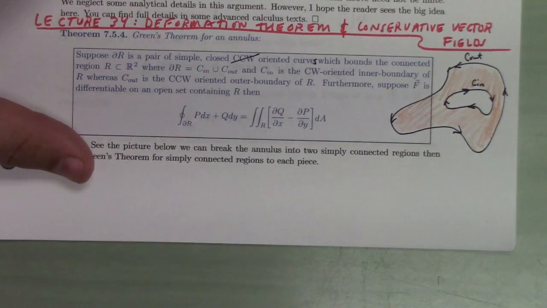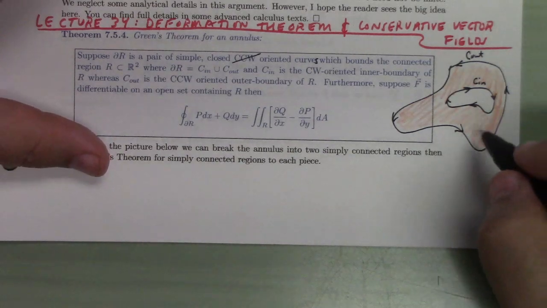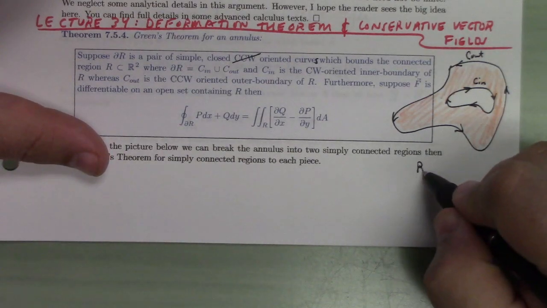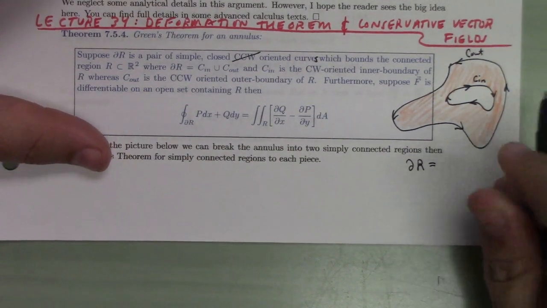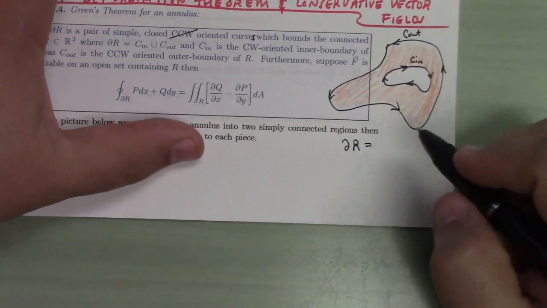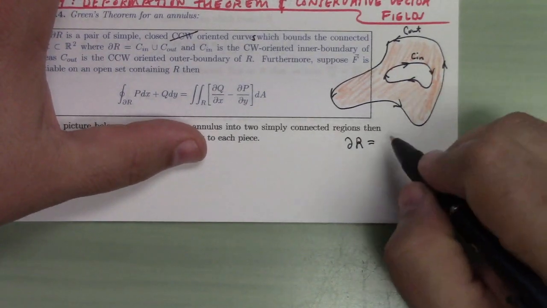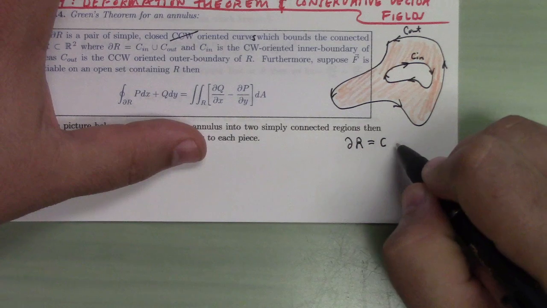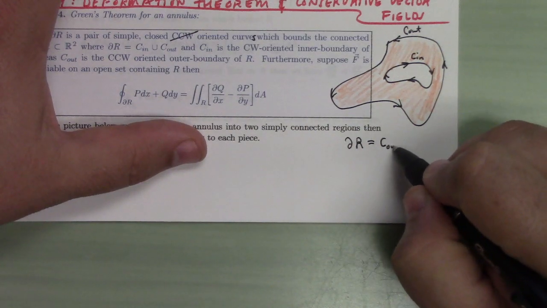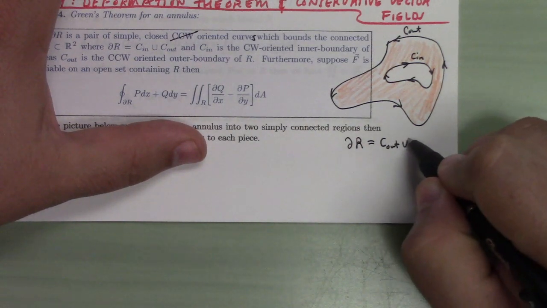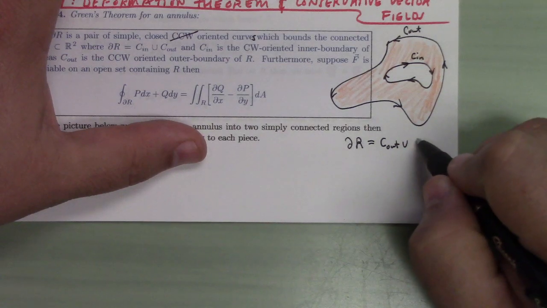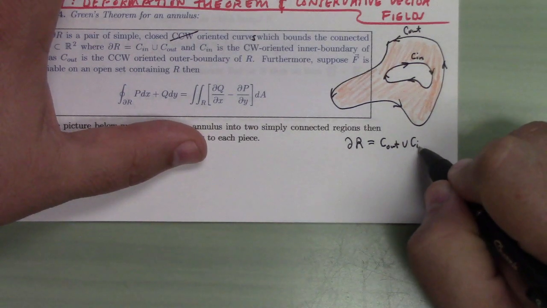So this is a convention: if you talk about a region R and the boundary of R, the positively induced boundary is given by the counterclockwise oriented exterior boundary unioned with the clockwise oriented interior boundary.